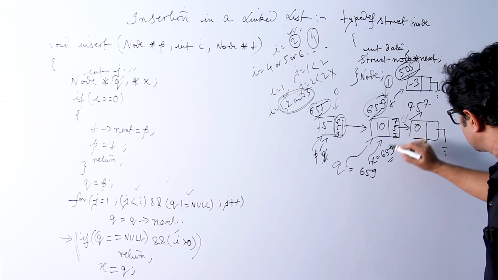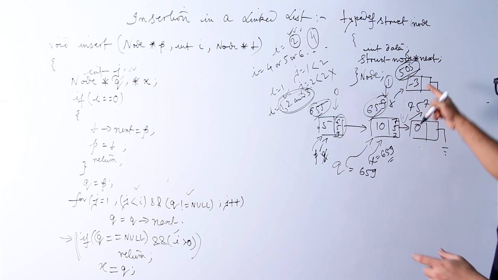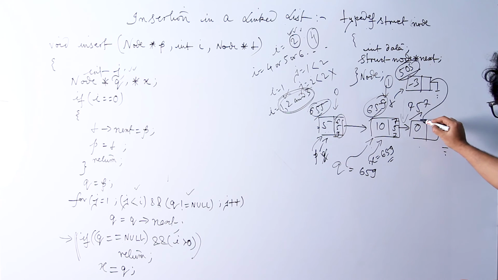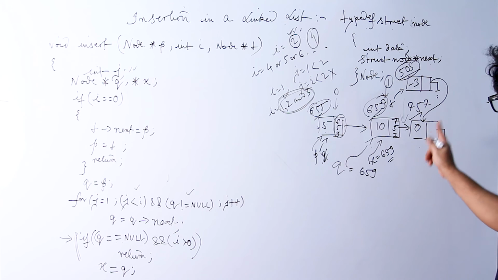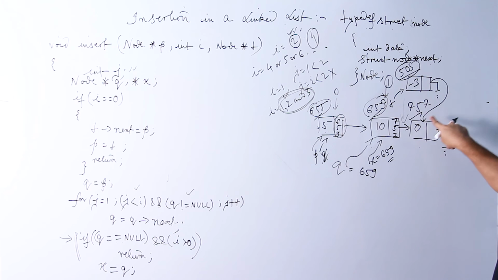So X next will contain what? T. And what will T next contain? T next is null pointer. So T next is null pointer, and this is to be linked to this node. So before updating X next, we have to do this operation first.